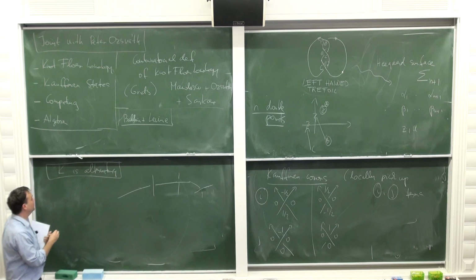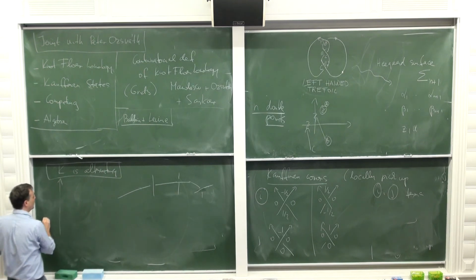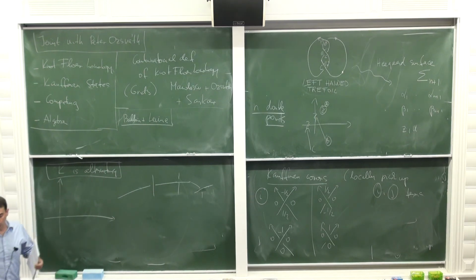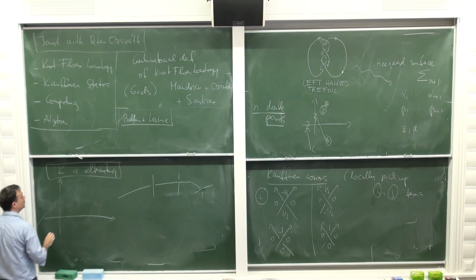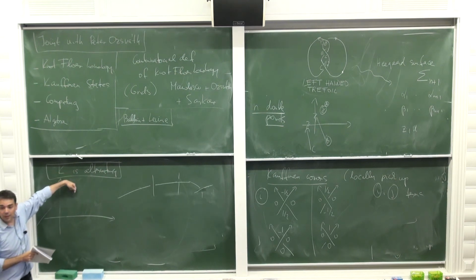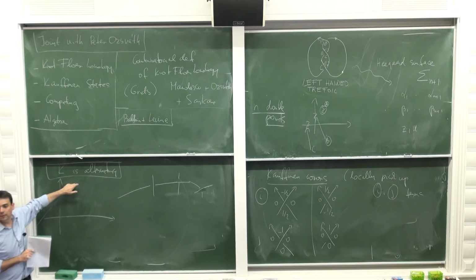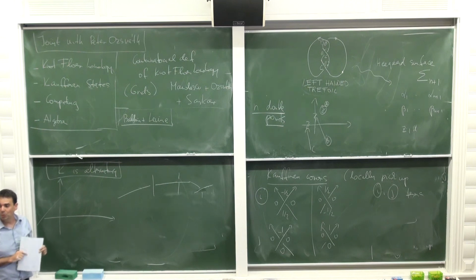And in case of an alternating knot, you can easily show that if you look at all the Kauffman states and you compute these numbers, then all the Kauffman states will lie on a certain line. So this chain complex will be supported in a line, and because the boundary map goes downwards, there is no boundary map. So for alternating knots at least, you can do this calculation easily, and you don't have to compute the boundary maps at all.